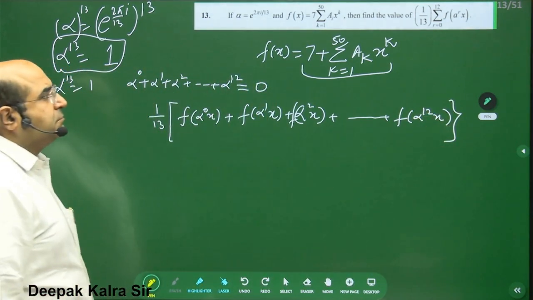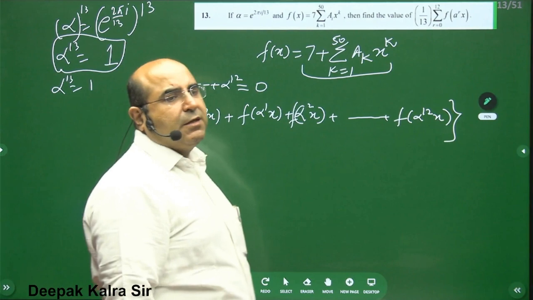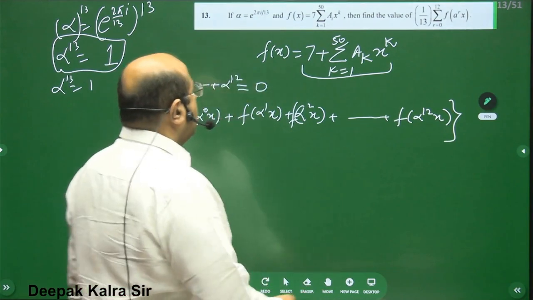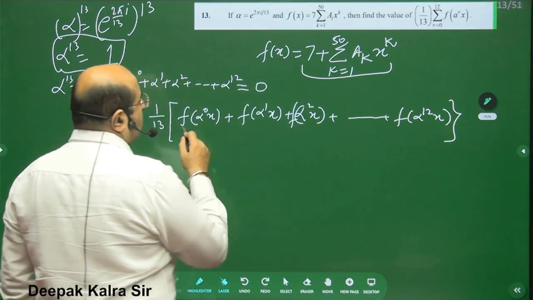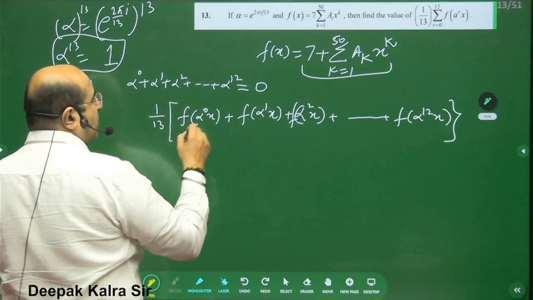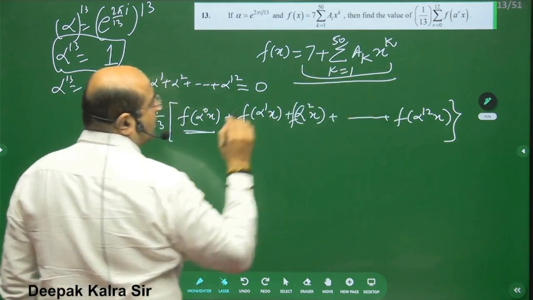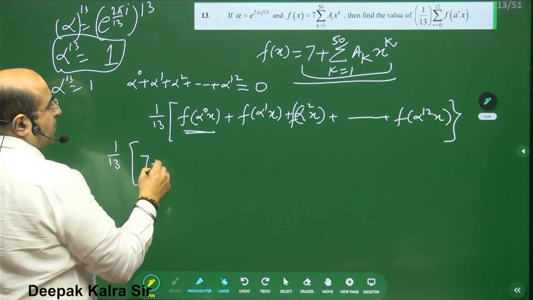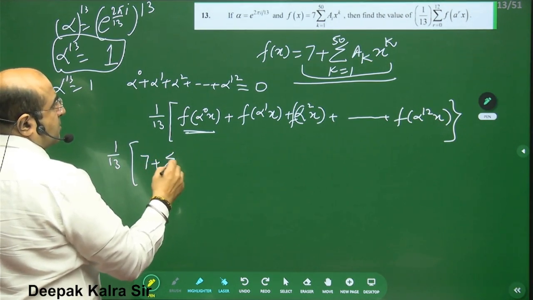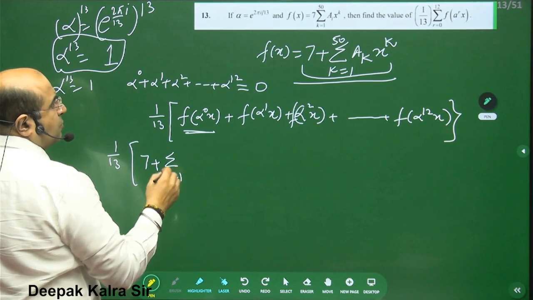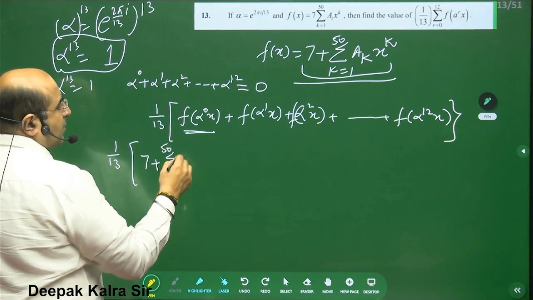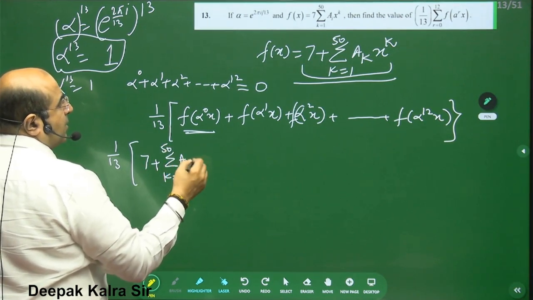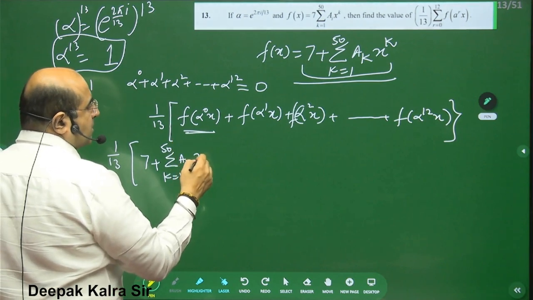Right? Is that clear? Now, what is fx? Fx, I'll place it here because this value is this only. So 1 over 13, 7 plus sigma k from 1 to 50 of ak x power k only.